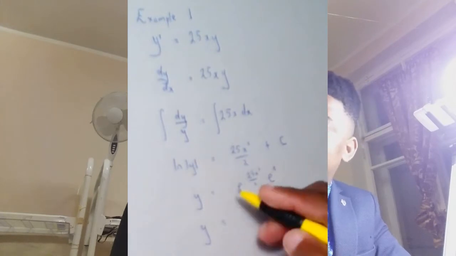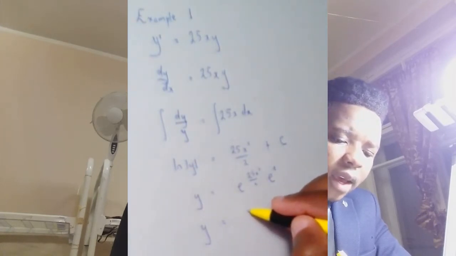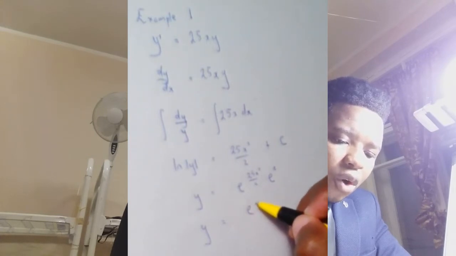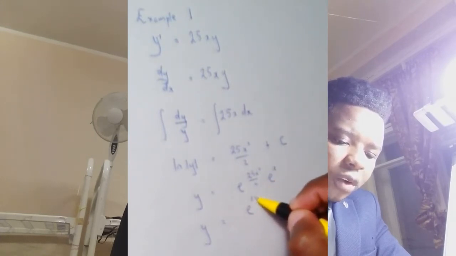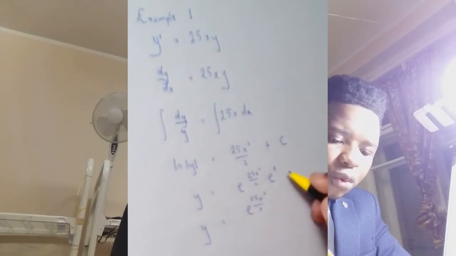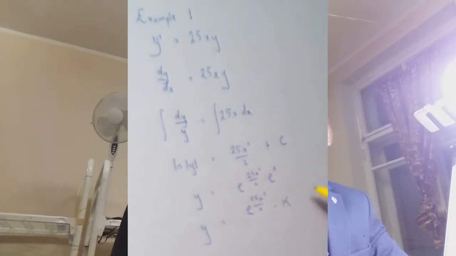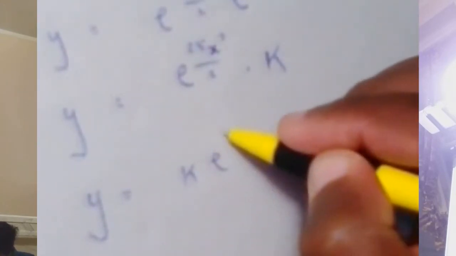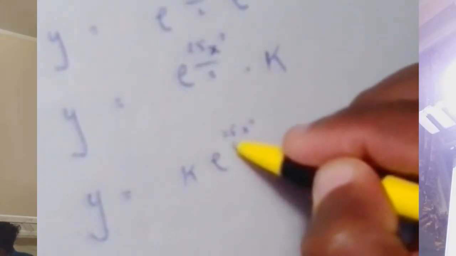We have exponent of 25x squared divided by 2 multiplied by the constant k. So now we can rewrite our equation like this: y is equal to k exponent of 25x squared divided by 2, and this one is our solution.